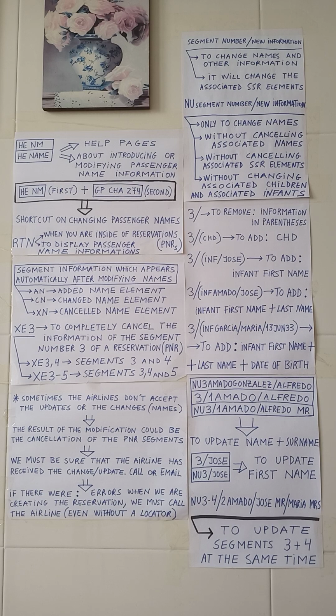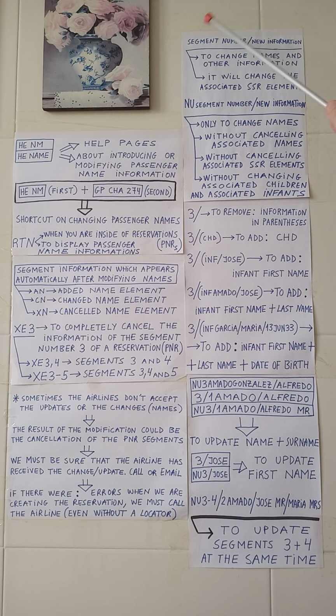Here we can see 2 different ways to modify the passenger names. 1 way, 2 ways. What I am going to explain on this page is very important to correctly understand the transactions of the last 2 pages. Maximum attention, please.